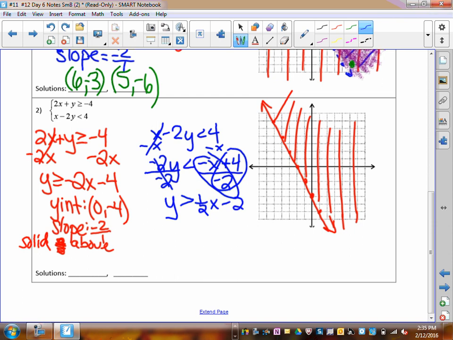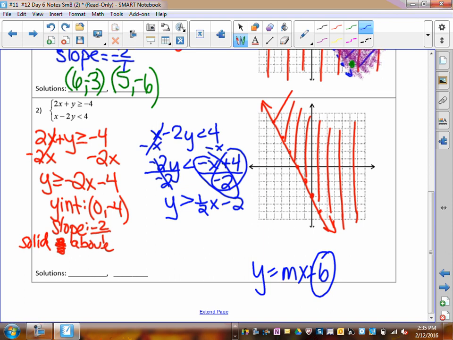Let's go over here. Maddie, what's my y-intercept in this equation? Good. Negative 2.